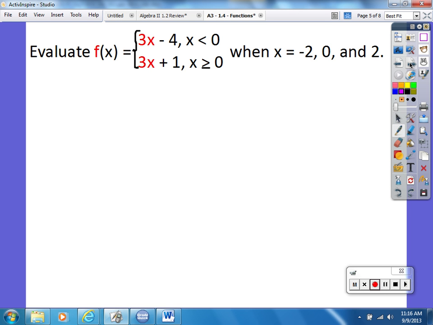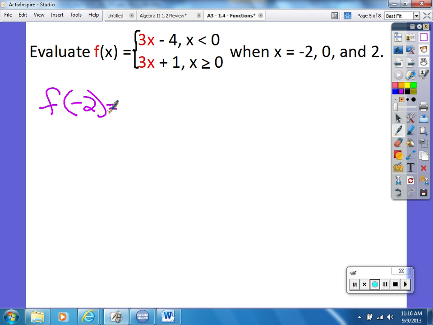And what you need to know is that we have these lovely inequalities over here. Those are going to help us determine where I plug these numbers in. Okay? So let's look at the first one. We're going to find x equals negative 2. So I'm going to write f of negative 2. So all I did so far was put the negative 2 in for the x, but I have to look at my two inequalities.